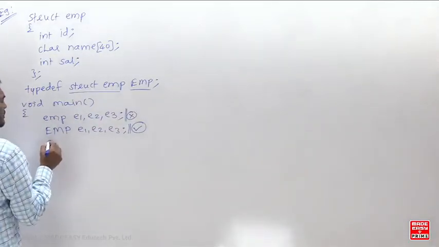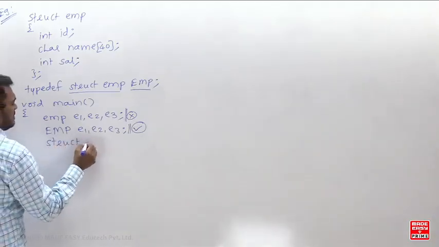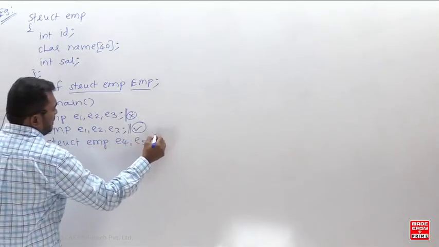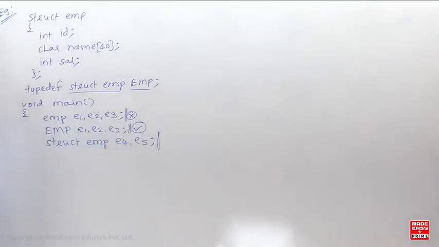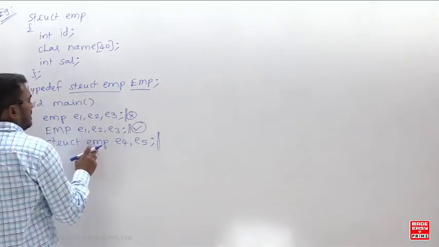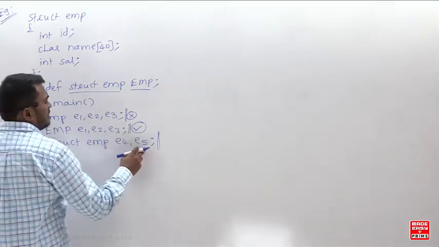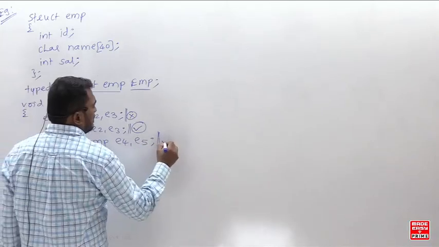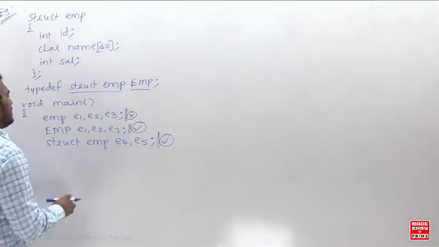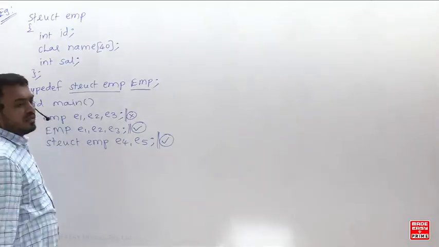And next, if you write struct EMP, E4 and E5, allowed or not allowed? Allowed. So struct EMP, E4 and E5 is allowed. There is no problem with this.